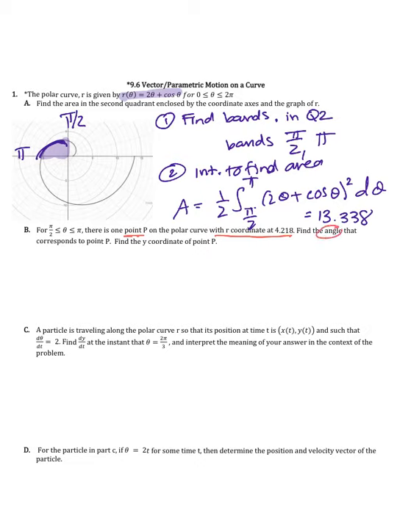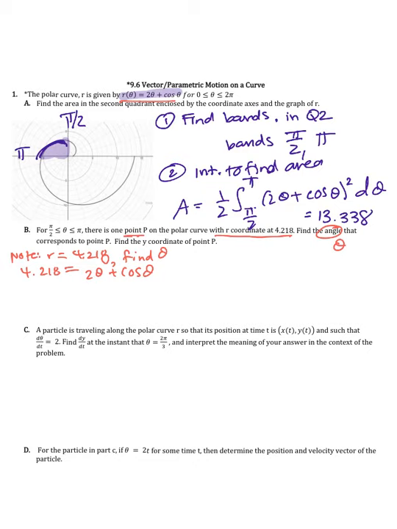Find the angle, so we're being asked for theta, that corresponds to that point. Let's do that part first before we even keep reading. So we're talking about r being equal to 4.218, and we're being asked to find theta. Well, we know r is equal to 2 theta plus cosine theta.